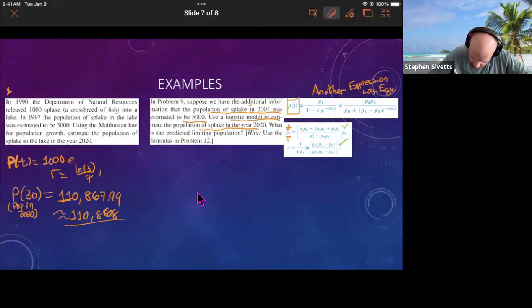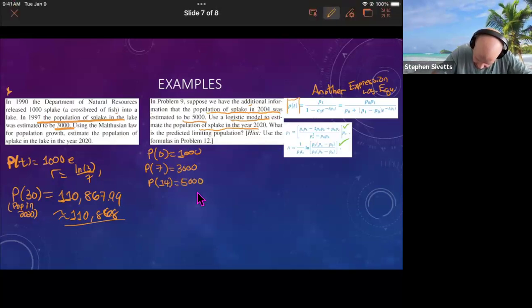But the straightforward process here is just to compute the P0, PA, and then the PB quantities, right? So we know that P0 is 1,000. And we know that in 1997 there was a splake population of 3,000, so that means PA is 3,000.